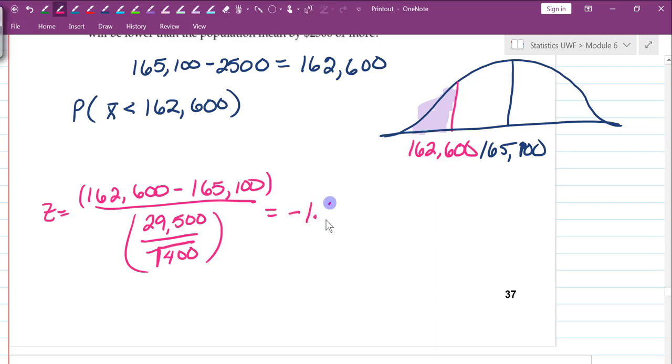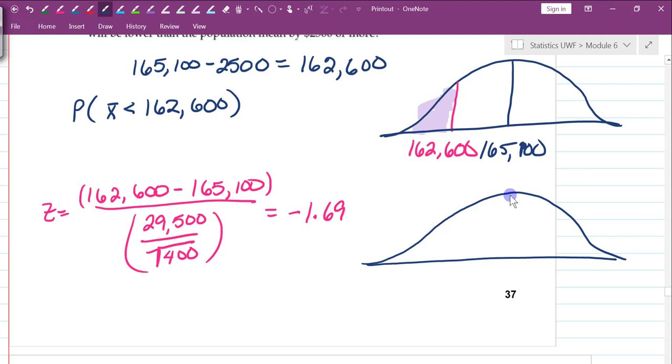And so my mirror image is going to look like this. It's going to be 0 in the center. Our value is going to be 1.69 standard deviations below the mean. And so this right here is the same thing as the probability that z is less than negative 1.69.